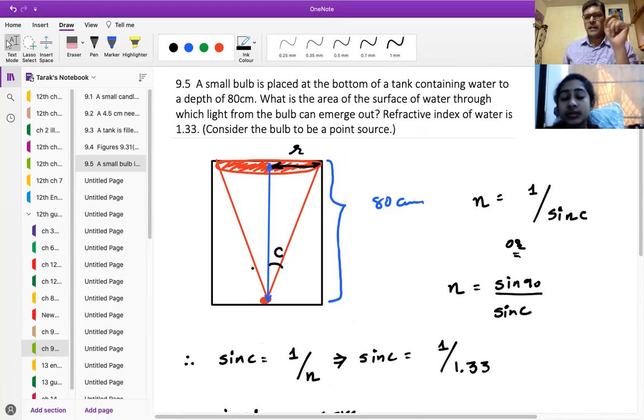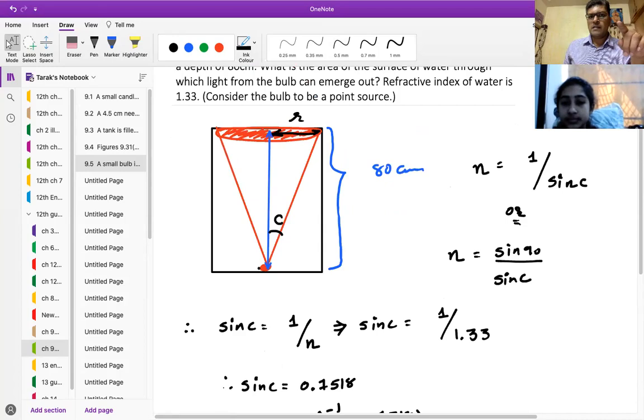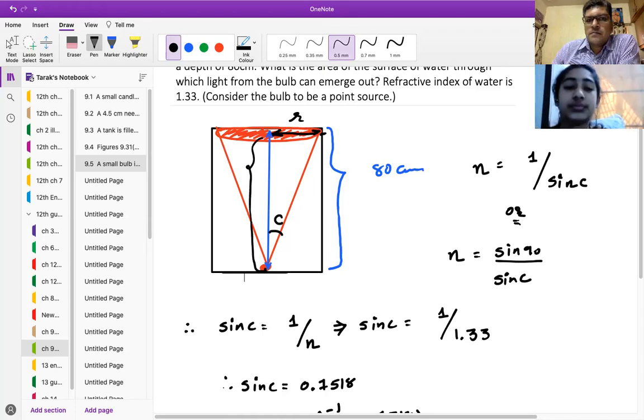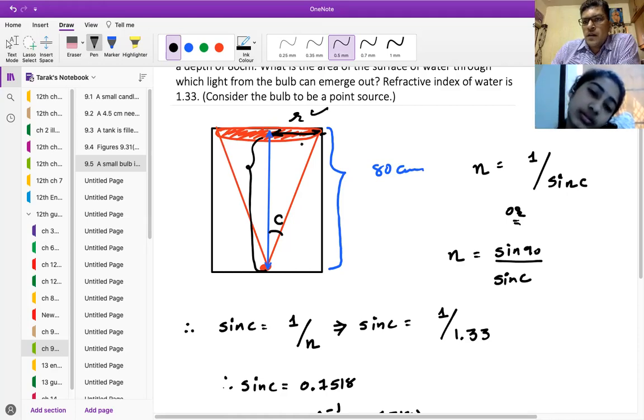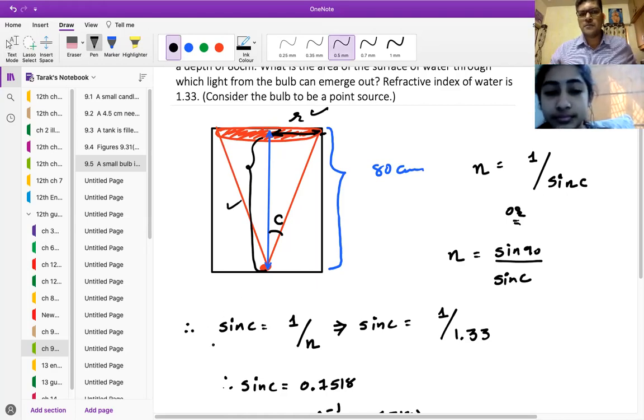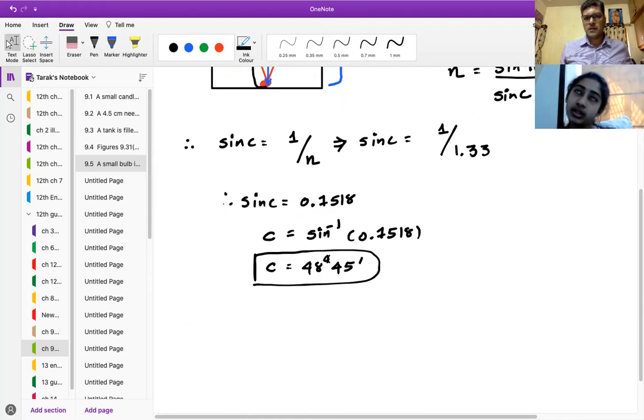Until the radius is found, it is useless. So we have this 80, and that 80 is also here. So we have the opposite side, which is what we need. We have 80, and we also have the angle. So we will say that this is height h. tan C equals r by h.